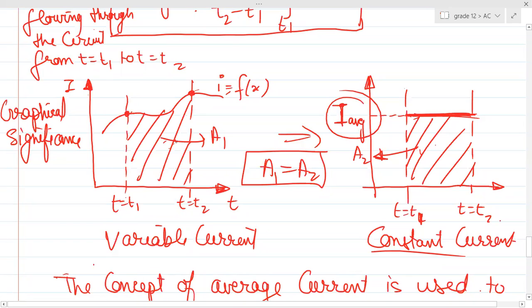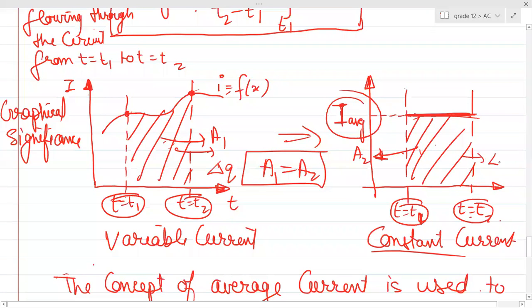So in the same time interval from t equals to t1 to t equals to t2, in both the cases, the same charge should flow. Here, if the charge flowing is delta q, here the charge should also be delta q. So it is that value of average current, that value of direct current for which the same charge flows in both the cases, in the same time interval.